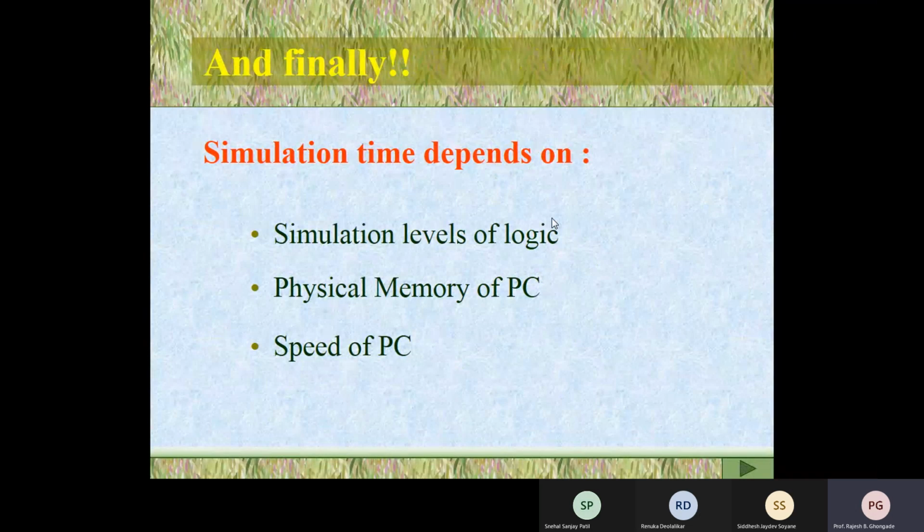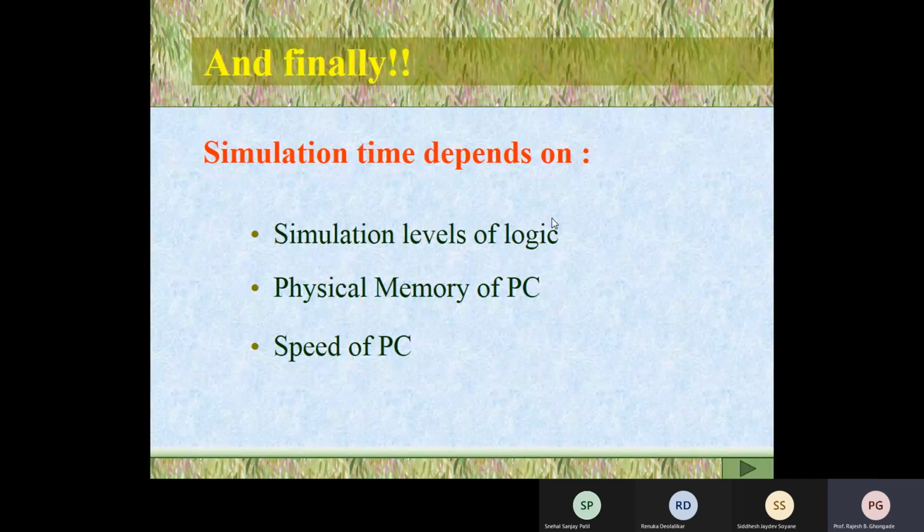Finally, simulation time depends on the simulation levels of logic, the physical memory of your PC or your workstation, whatever it is, and obviously the speed of your workstation. Now, there were days when PCs were really, really slow, and people used to start a simulation and keep it going for weeks together. If the design was a bigger one, it used to take weeks to complete the simulation.